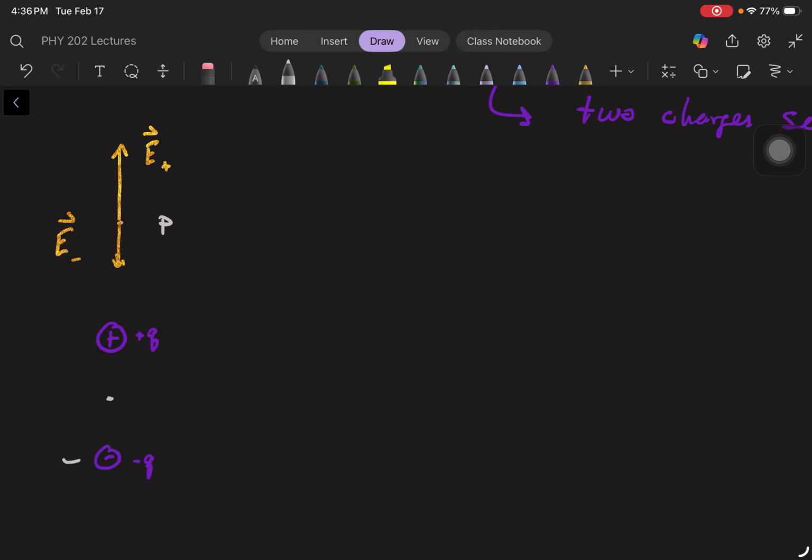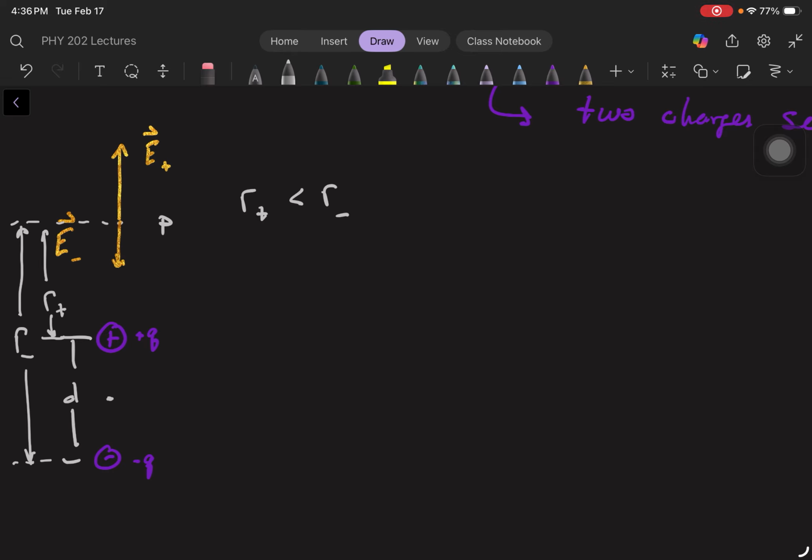Right? If we define the dipole separation distance to be D, here is R minus, the separation of the negative charge to the point P. And then we also have R plus going from the positive charge to our point P. And so we can see R plus is less than R minus.